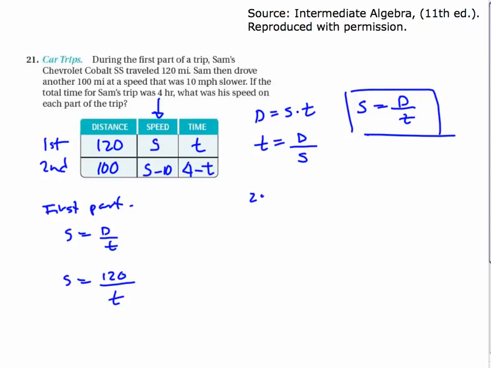Okay, now let's look at the second part. Same formula, S equals d over t. So the speed for the second one was 10 slower. So this would be S minus 10 is equal to the distance was 100 over the time was 4 minus t.